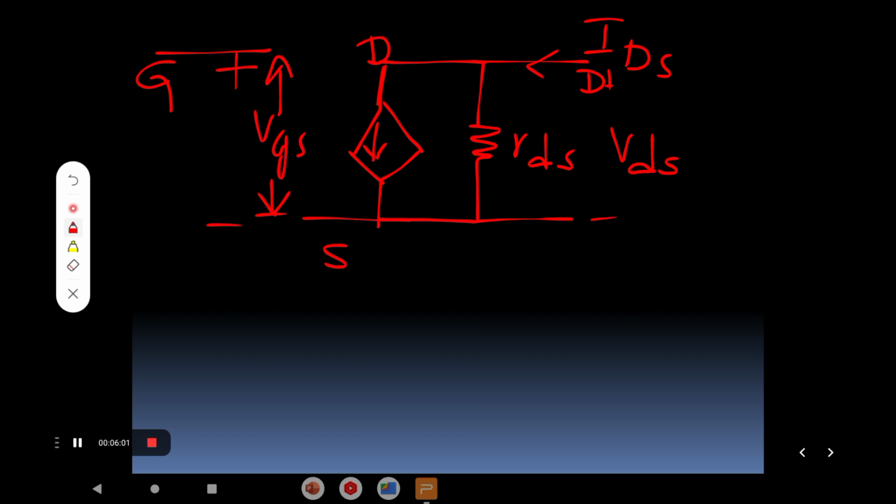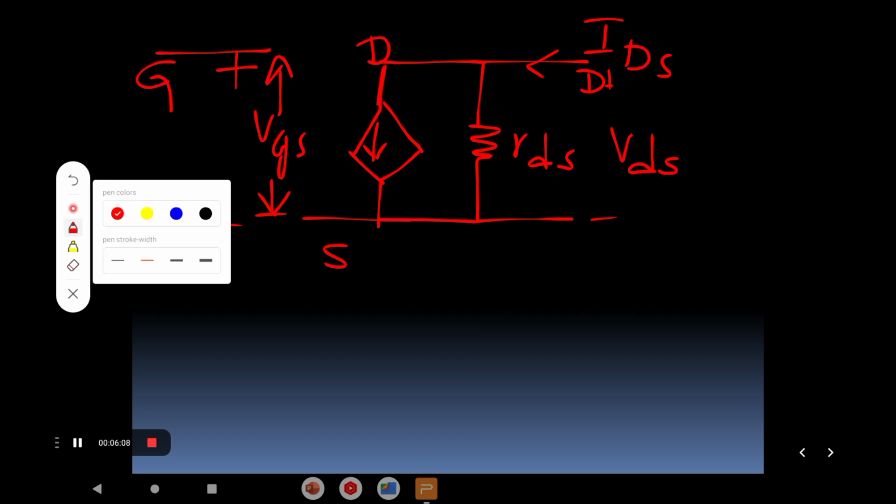Why? Because open circuit means that in case of gate to source, no current is flowing.